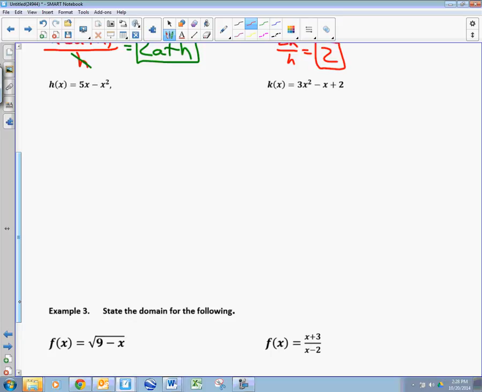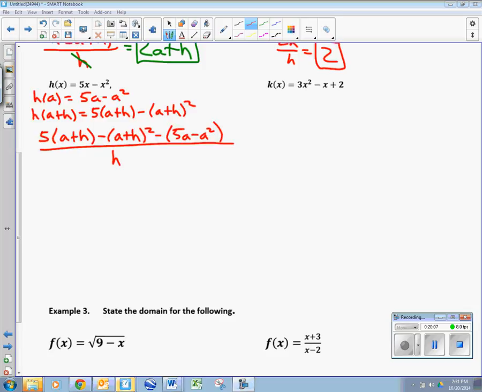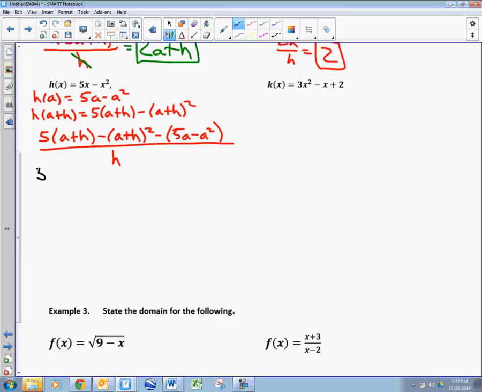See if you can do h of x on your own. Try that. If you need help getting it set up, raise your hand. I'll help you set it up. You've got to be able to set it up like that. If you don't have it set up right, you're not going to get it correct. Just simply do the bottom, the h of a plus h minus the h of a, and remember the parentheses on the end, so you distribute that negative. We get 5a plus 5h. This will be a squared plus 2ah plus h squared, correct?